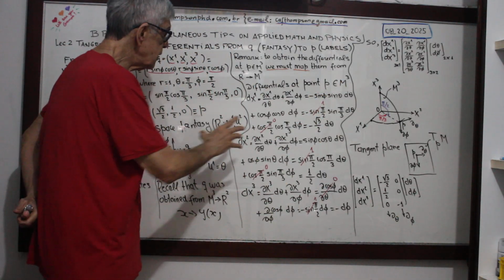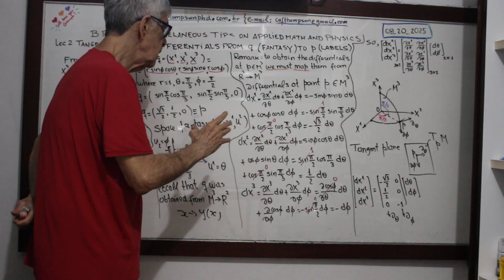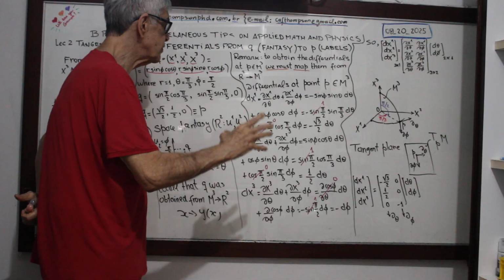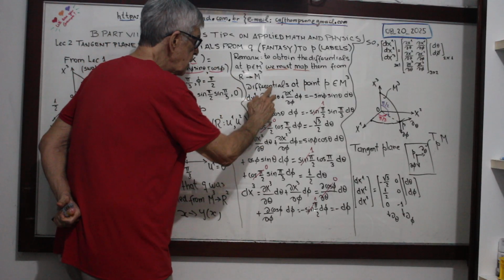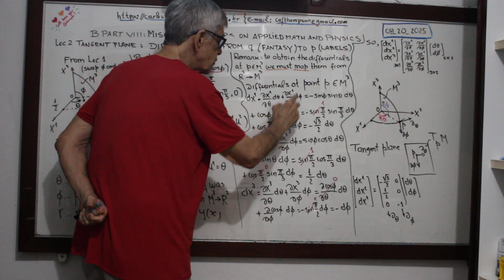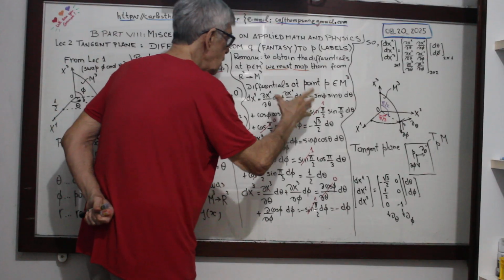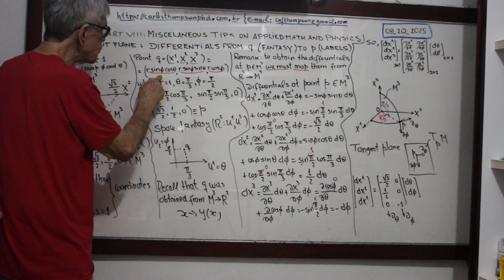Now, all the calculations must be done on the fantasy, you see? So differential dx1 is partial x1 with respect to theta, d theta, plus partial x1 with respect to phi, d phi, which is quite easy, just substitute over here. This is x1.